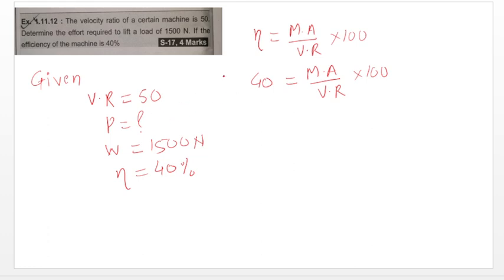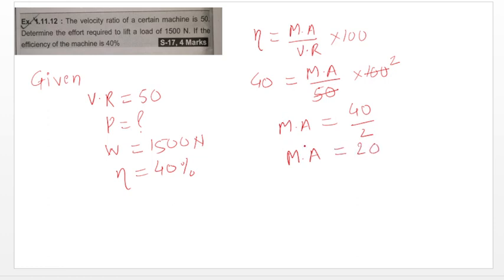Velocity ratio is already given, so put the value as 50. Now 50 and 100, mechanical advantage is equal to 40 divided by 2. That is, mechanical advantage is equal to 20.